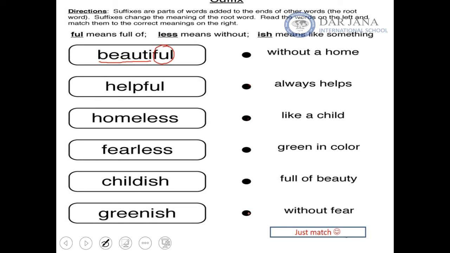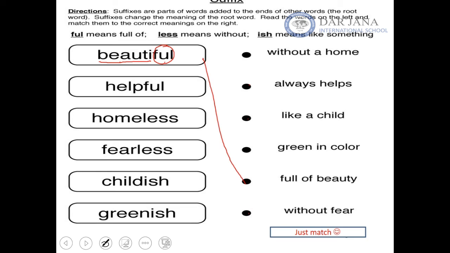Here we have beauty plus ful, so it's full of beauty. That was the wrong one, let's fix that up. Here it's full of beauty.